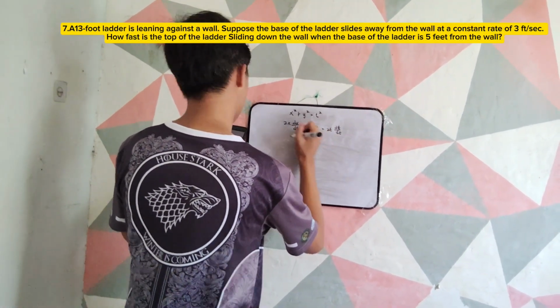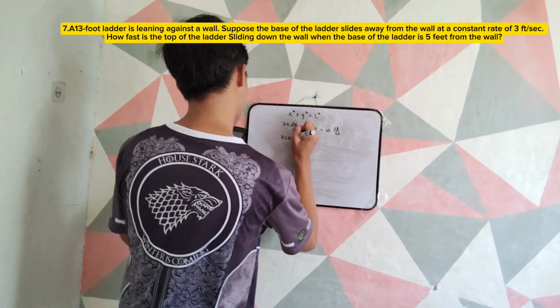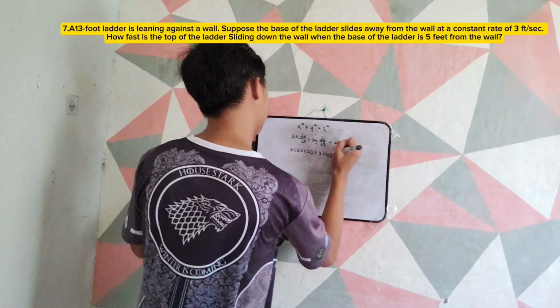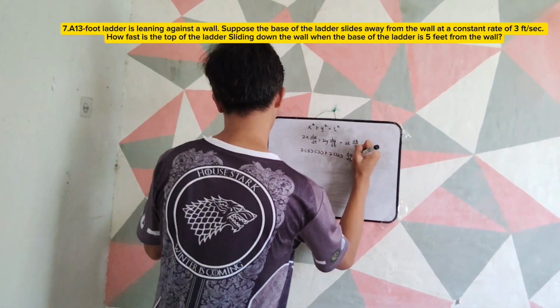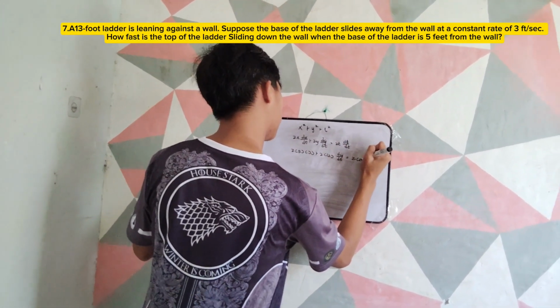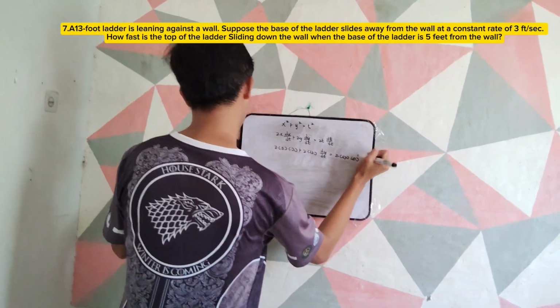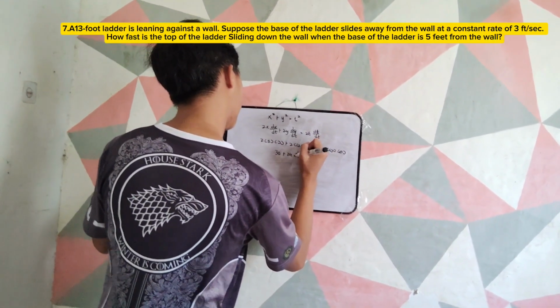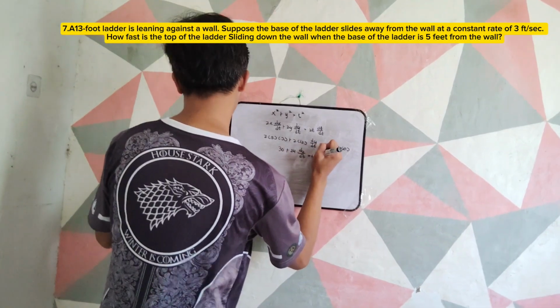So 2 times 5 times 3 plus 2 times 12 dy over dt is equal to 2 times 13 times 0. So 30 plus 24 dy over dt will be equal to 0.